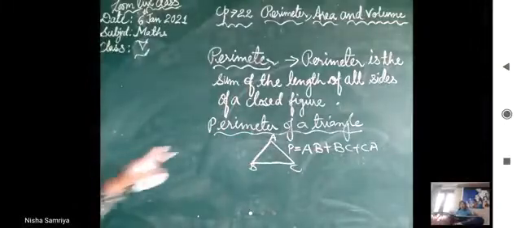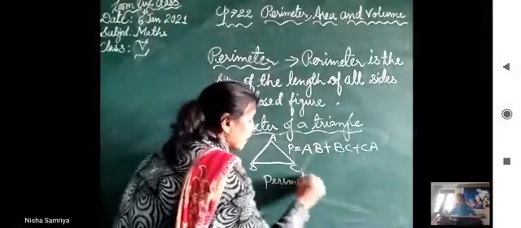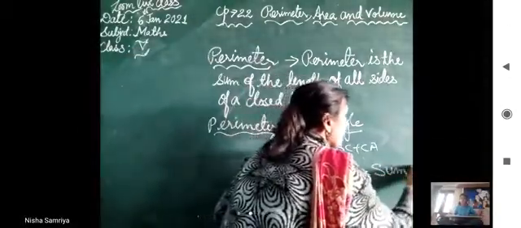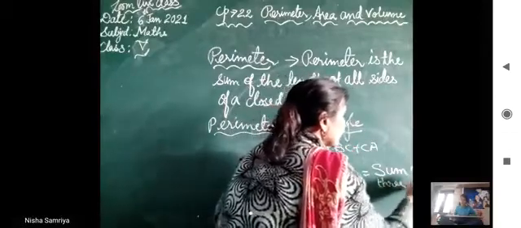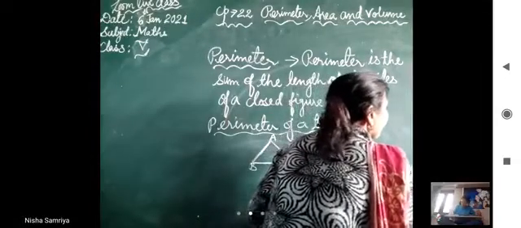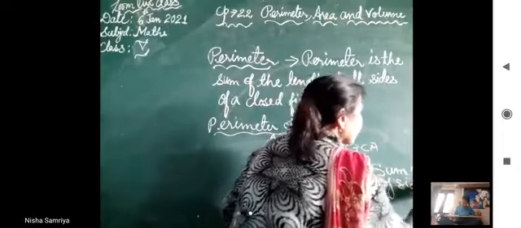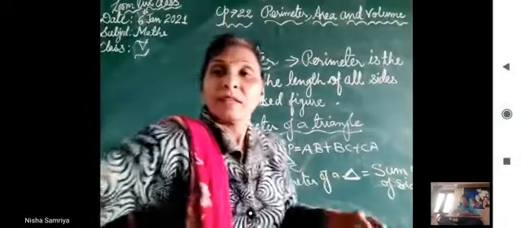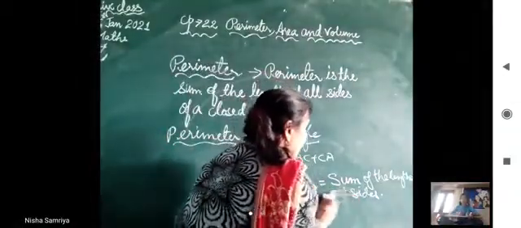The sum of the lengths of sides. The perimeter of a triangle, this is the symbol of a triangle, is equal to the sum of the lengths of the sides.